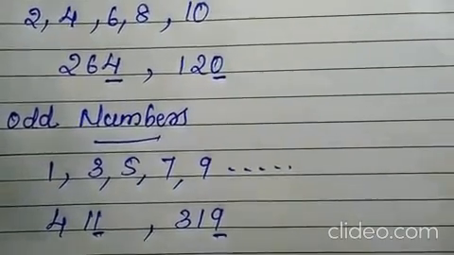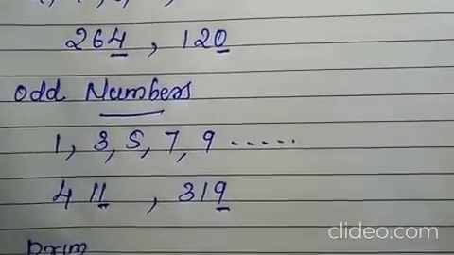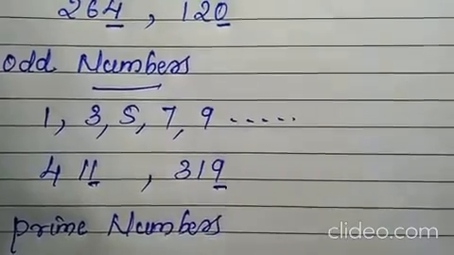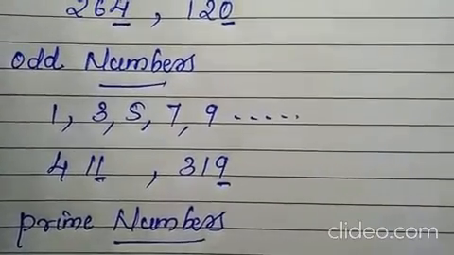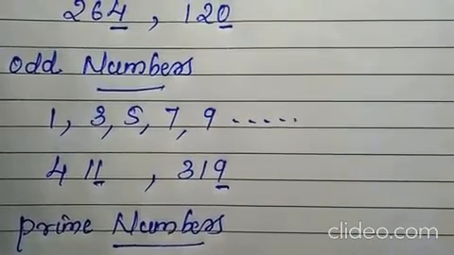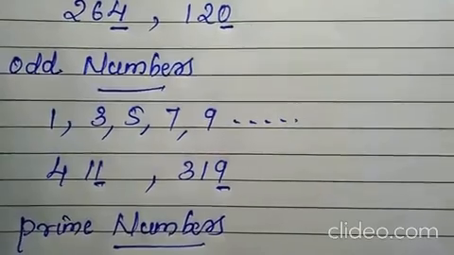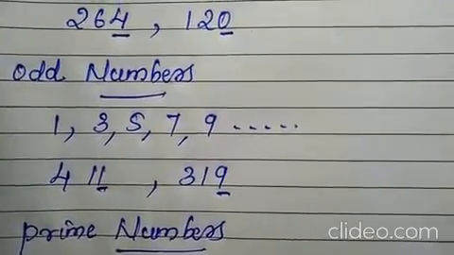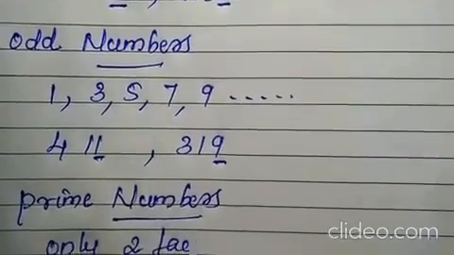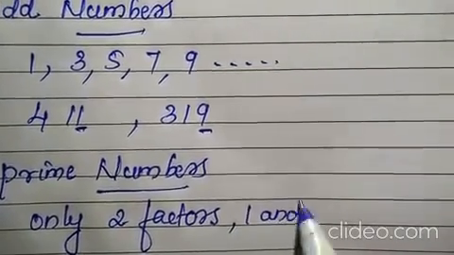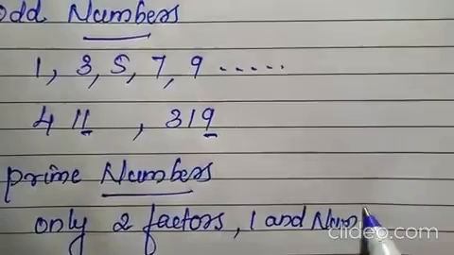Understood? The next one is prime numbers. What is a prime number? A prime number is a natural number that has only two factors, 1 and the number itself. Only two factors. Understood? Which are the factors? 1 and the number itself.